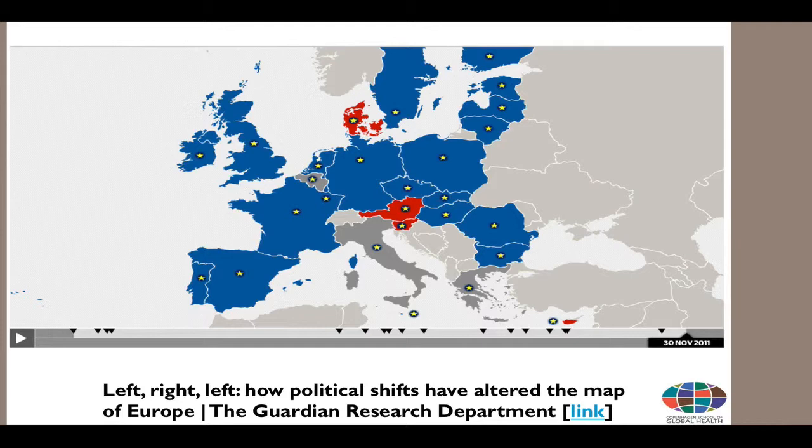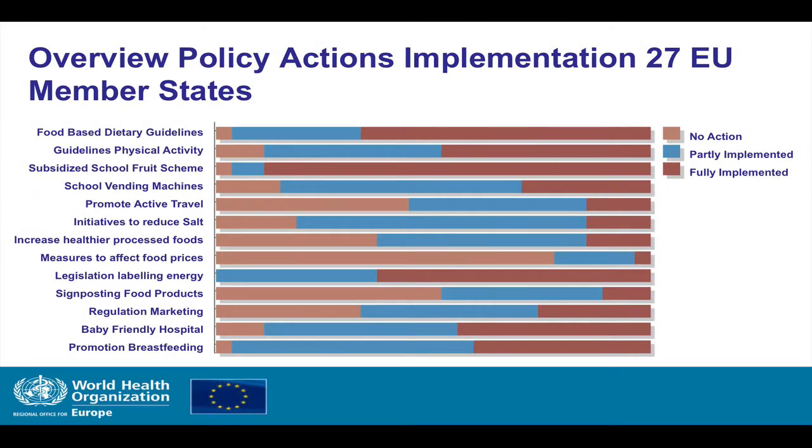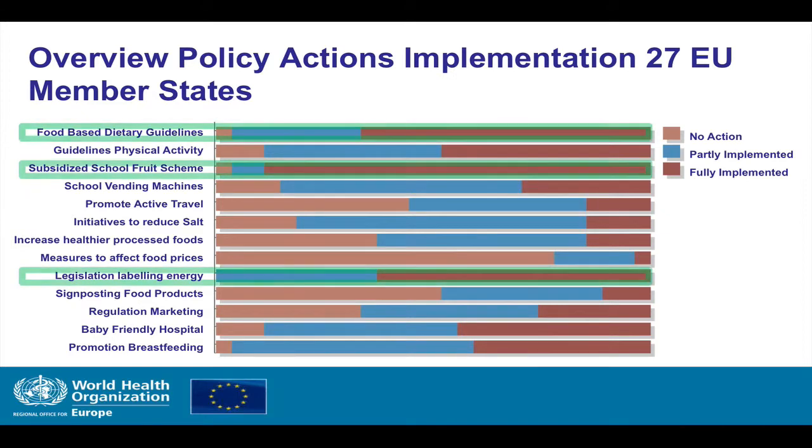So when thinking about policies, you always have to have the policy context also in mind. And that might explain also, when you analyze the different policy action around food and marketing of food across Europe, you find some good examples.